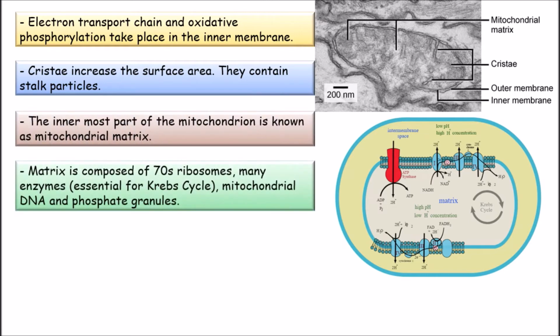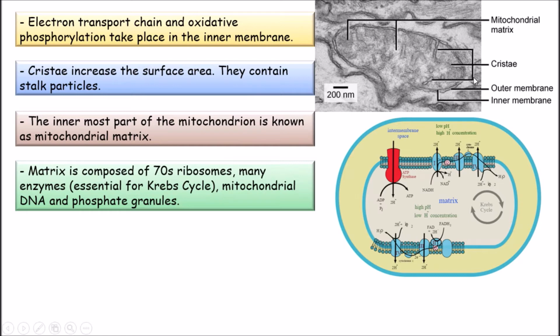The innermost part of the organelle is known as mitochondrial matrix. It is enclosed by the inner membrane. Matrix is composed of 70S ribosomes, hundreds of enzymes, circular DNA molecules, they are called mitochondrial DNA, and phosphate granules.